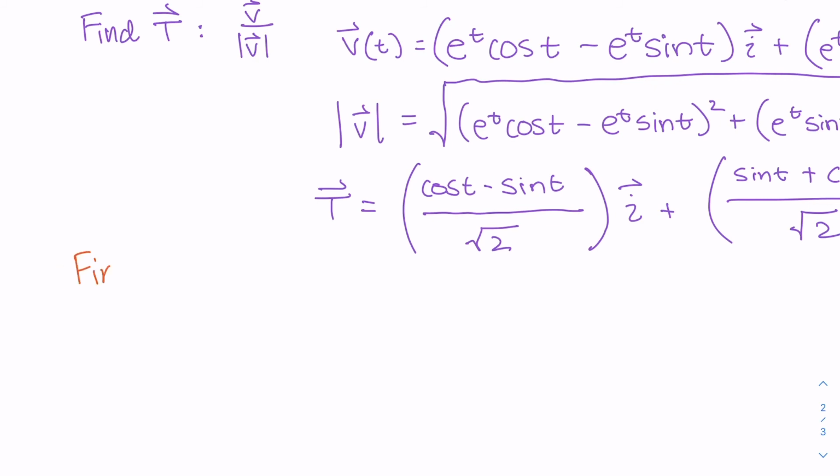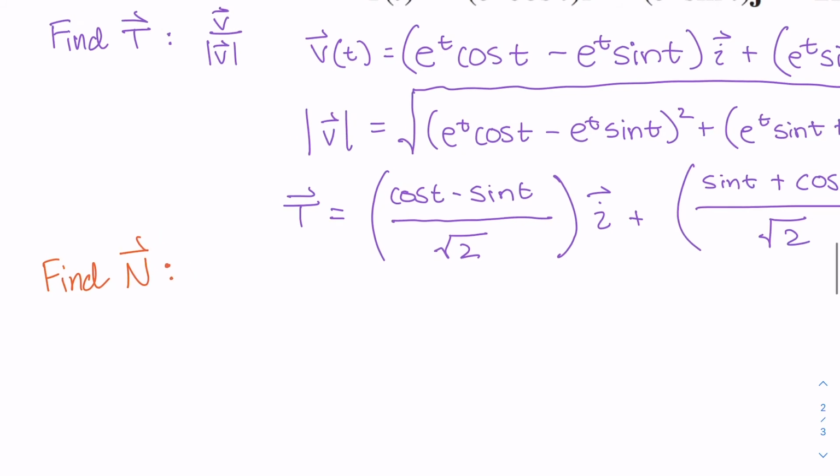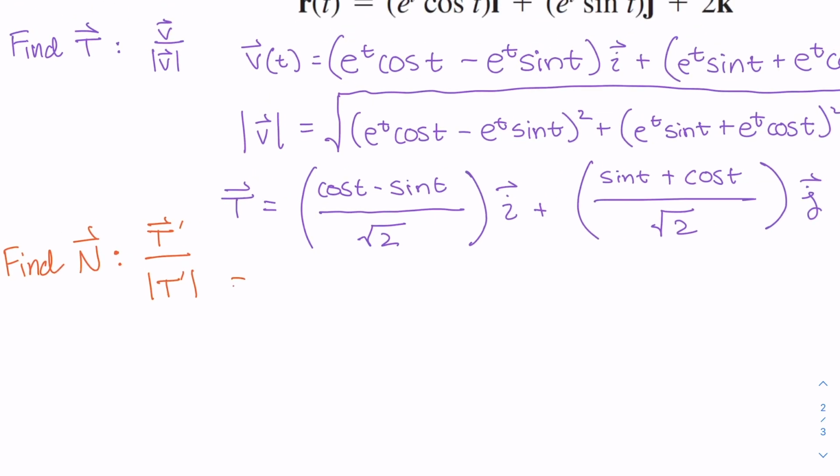So now we're going to find the unit normal vector, which you remember is T prime divided by the magnitude of T prime. So first we need to calculate the derivative of this guy.